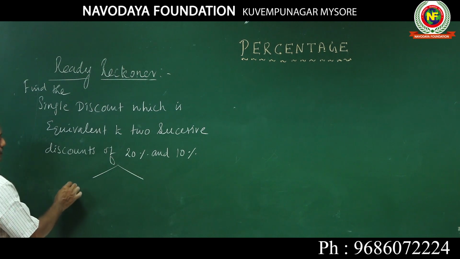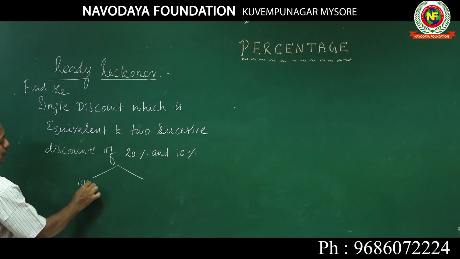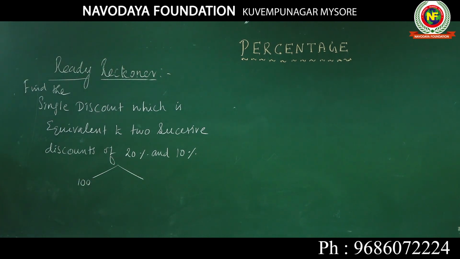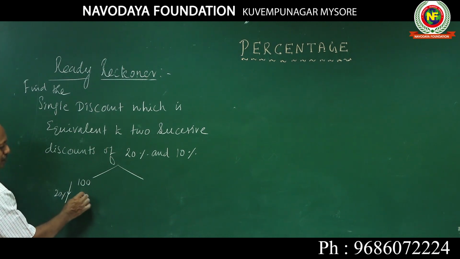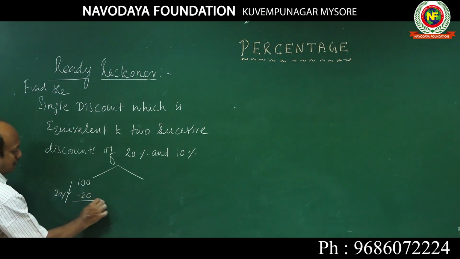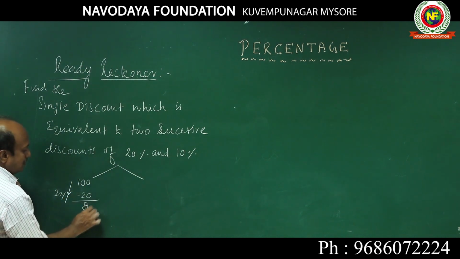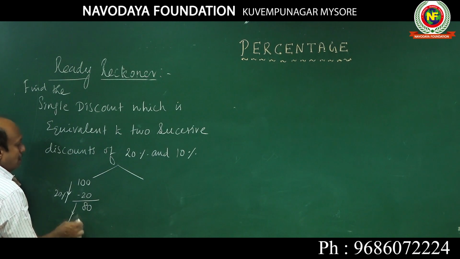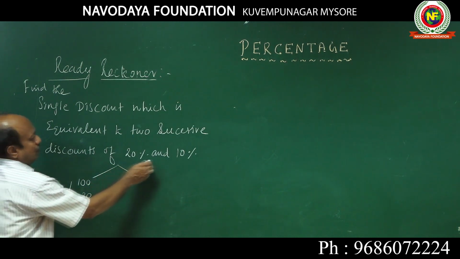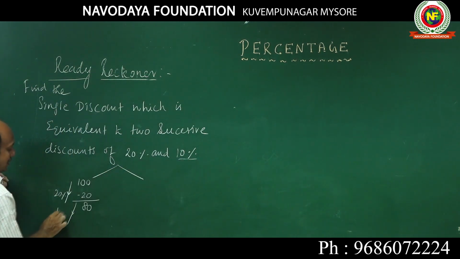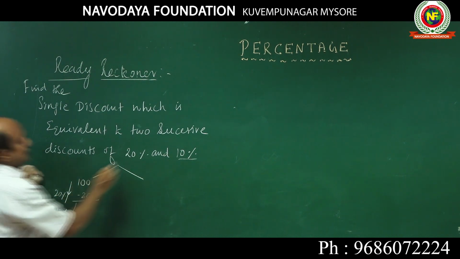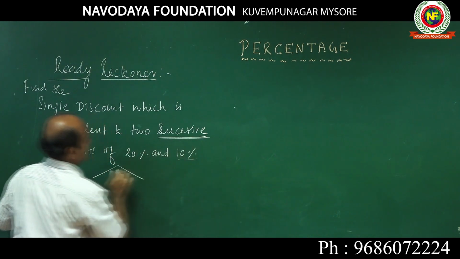There are 2 methods. The first one is consider the mark price as 100. What is the first discount? 20%. What is 20% of 100? It is nothing but naturally 20 itself. Discount, so we have to reduce. 100 minus 20 is 80. Again, upon this 80, you have to find out 10%. That's why it is given the word successive discount.